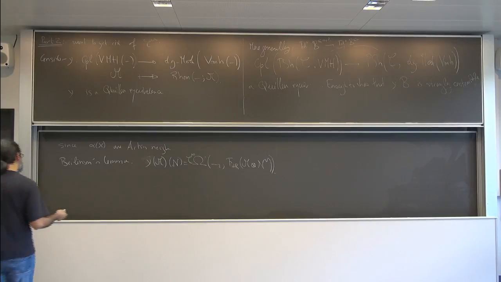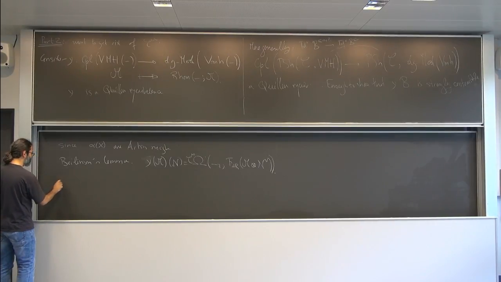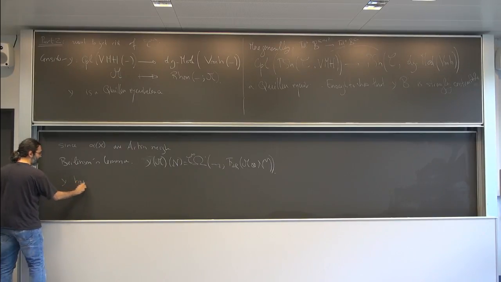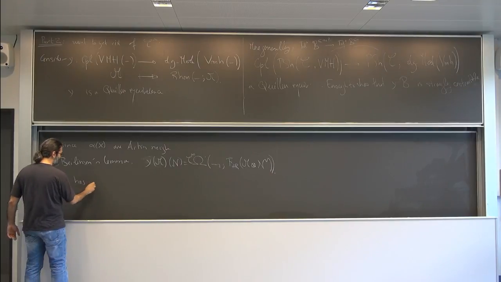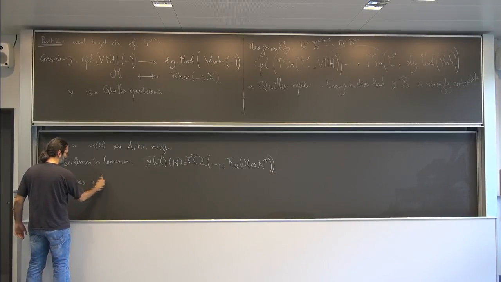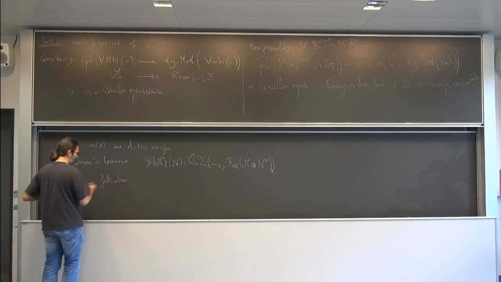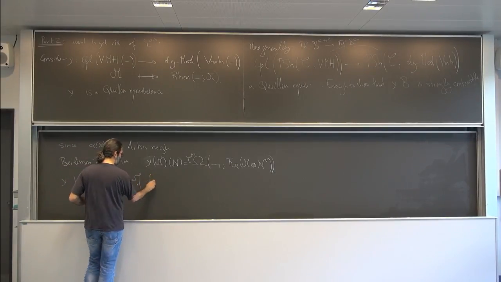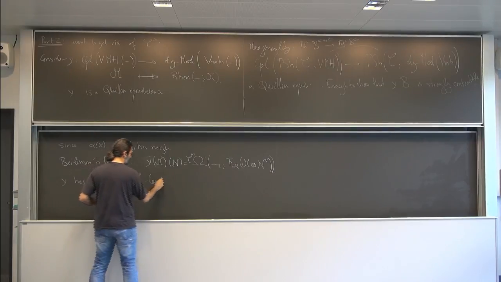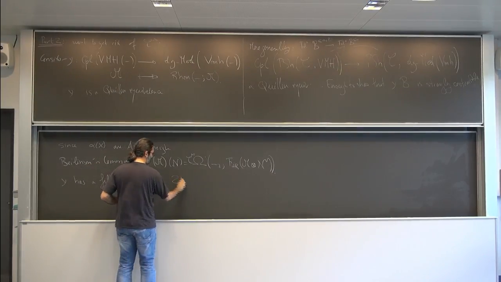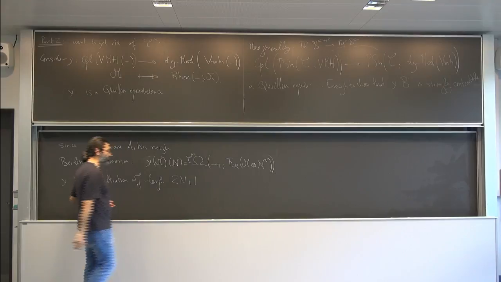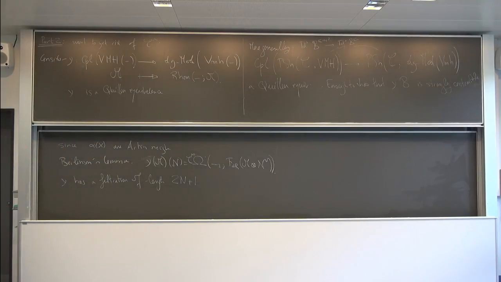And so now the functor y, if I write it like this, has a filtration of length 2n plus 1. This is the n from the theorem.